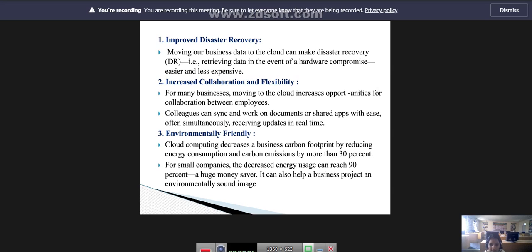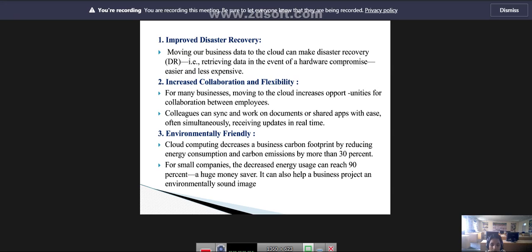Second advantage is increased collaboration and flexibility. So what is meant by increased collaboration and flexibility? With many businesses moving to the cloud, it increases opportunities for collaboration between employees. Colleagues can synchronize and work on documents or shared apps with ease, often simultaneously, receiving updates in real time.